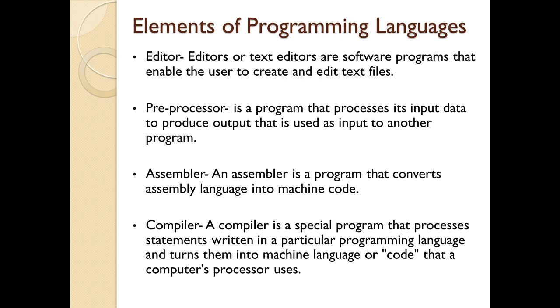Assembler. An assembler is a program that converts assembly language into machine code. Compiler. A compiler is a special program that processes statements written in a particular programming language and turns them into machine language or code that a computer's processor uses.